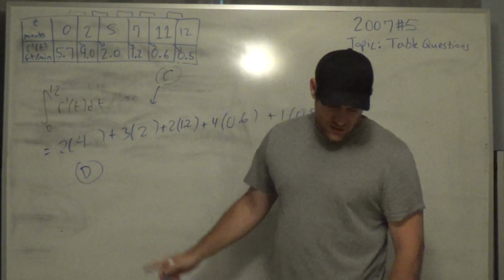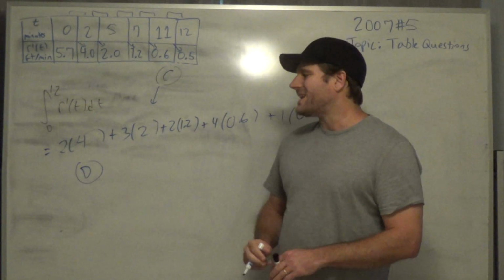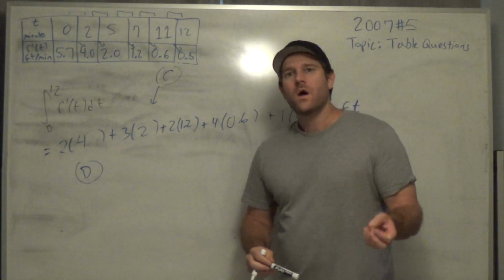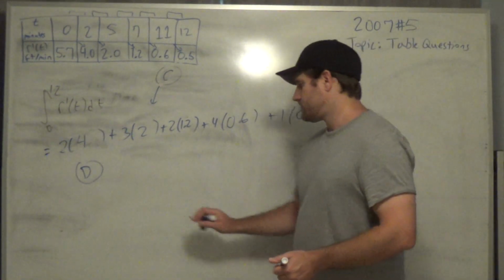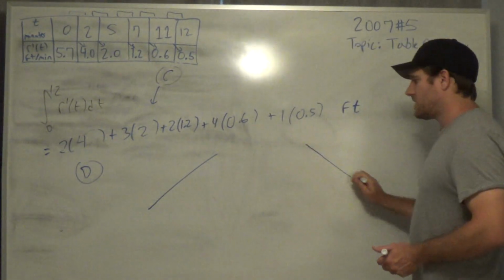The question is, is your answer here greater than or less than the real answer? So they're basically asking, is this an under or overestimate? Now, when you're using right or left-hand rectangles, well, here we're just using a right-hand rectangle. So let's just look.